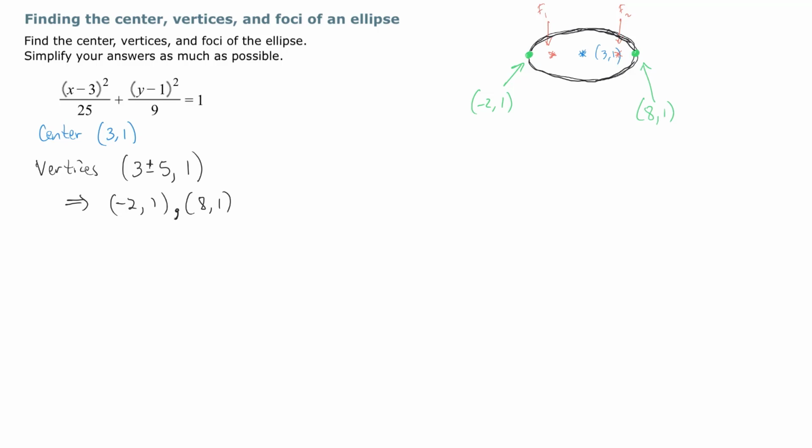The only thing left to find are the foci, or the two focus points. We do have an equation for that. If you look at this, let's draw a little triangle right here.